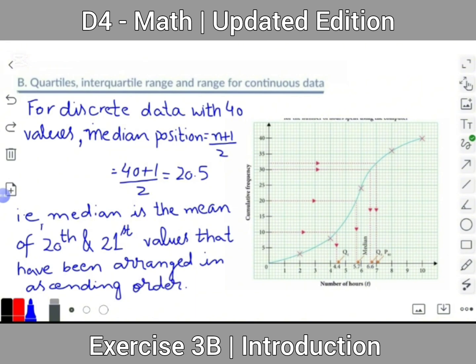It makes sense because there are 40 values from the first value to the 40th value, and the middle value is 20.5.